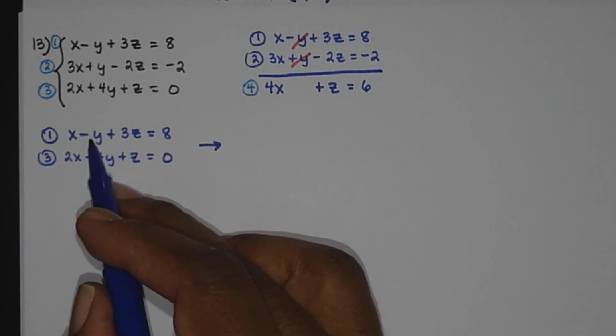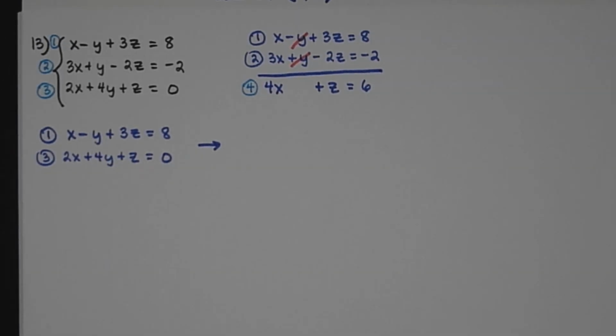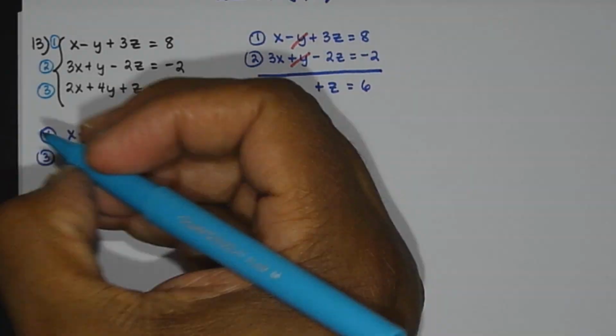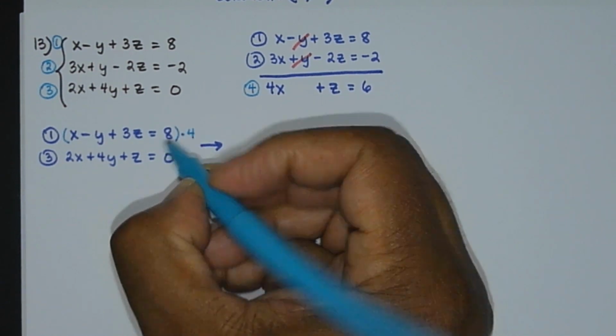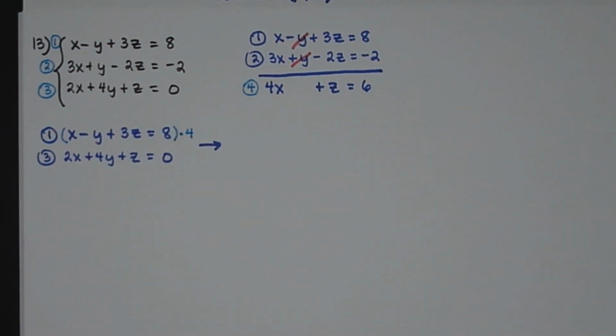But if I want that minus y to be 4y, I need to multiply that equation by what number? Well, just 4, because I got opposite signs already. If they were the same sign, then I would multiply by a negative number.